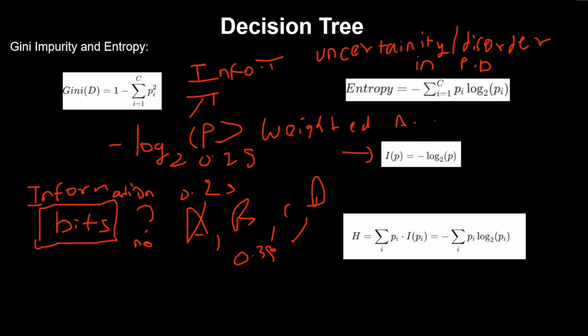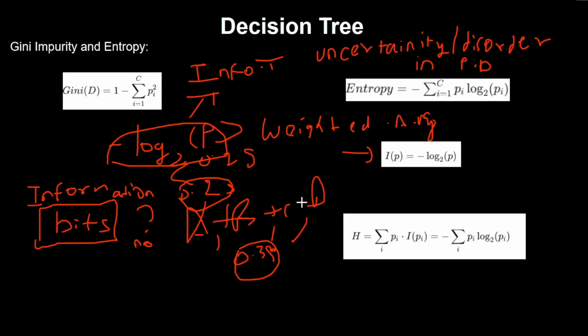Because they are different, we need to multiply each one with the corresponding information which we calculated, and add them together. That's why we have this multiplication of the probability here, and the summation here. That's how the whole entropy formula comes about.